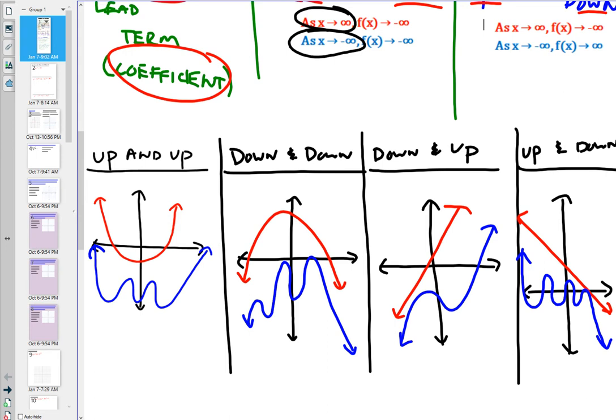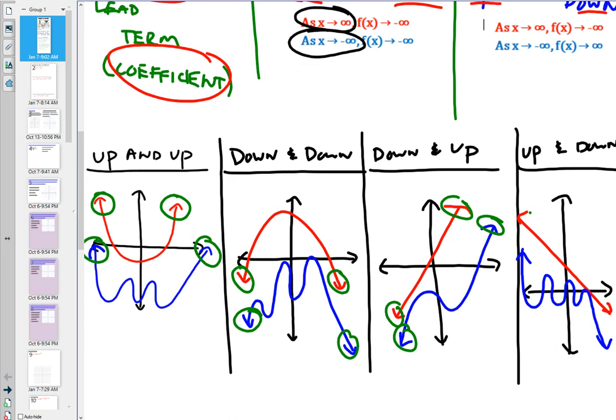They get all curvy, squirmy. But the end behavior is the same. Both of these are up and up end behavior. Both of these are down and down end behavior. We'll also write in arrow notation. Both of these have left arrow down, right arrow up. Both of these have left arrow up, right arrow down.